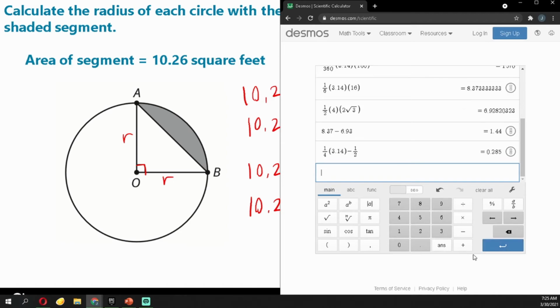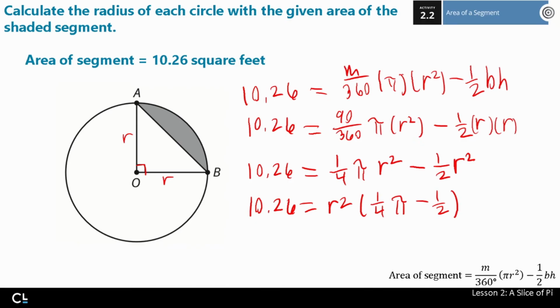We click enter, and it's going to give me 0.285. And we're going to leave it like that. I know usually we round to the second decimal, but since it's such a small decimal already and there's no whole number here, we're just going to leave it as 0.285. And that's the section here in these parentheses.